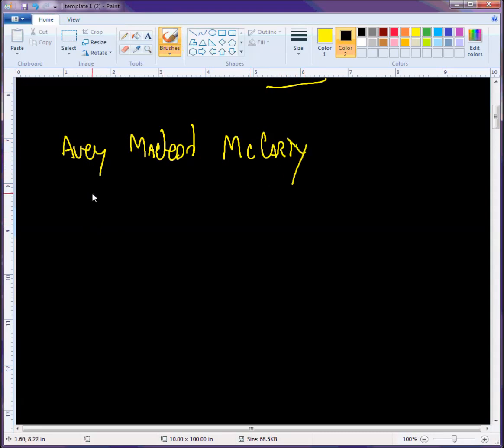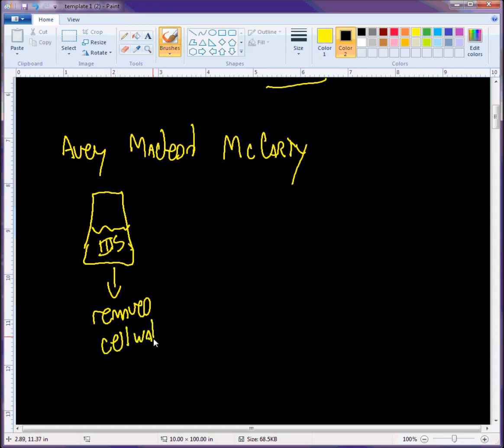Well, they were working with large volumes of bacteria, so large amounts of 3S bacteria, and they isolated the bacteria, broke apart everything, and removed most of the cell walls. What else did they remove?